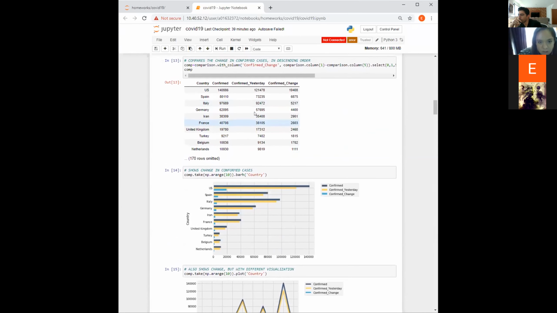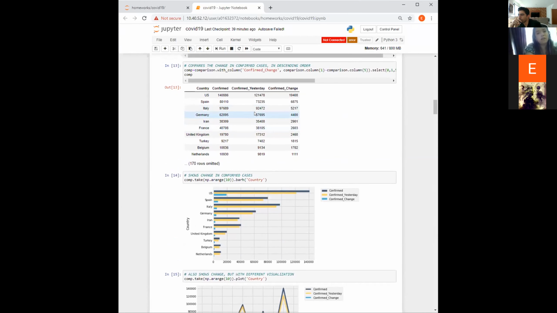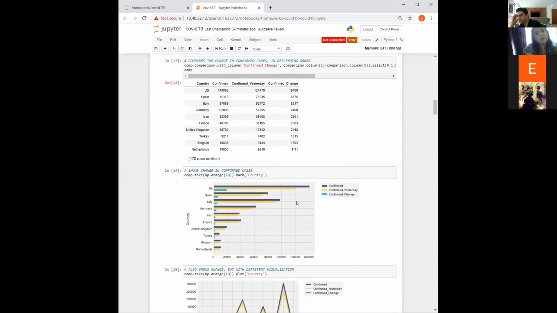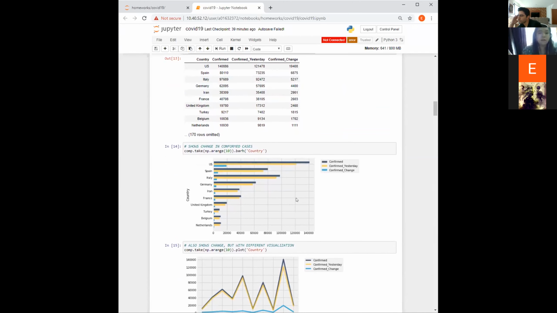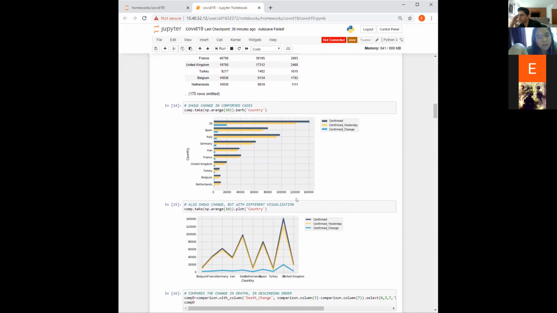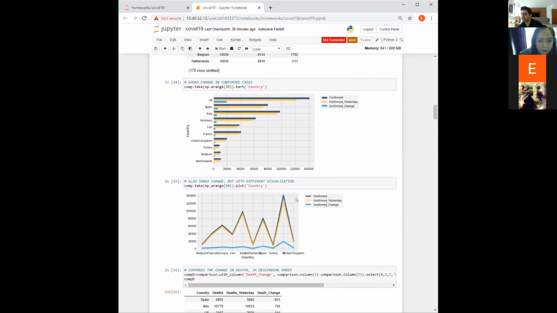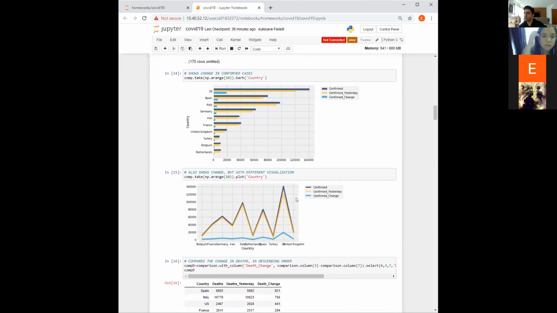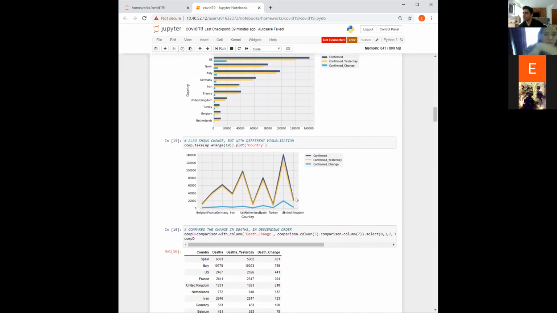That is a little graph showing the situation change in 1 day. So we took the 28th and the 29th to see in the top 10 countries that have more infected, how the situation is growing. And that is just another way of visualizing it, but it's the same data.